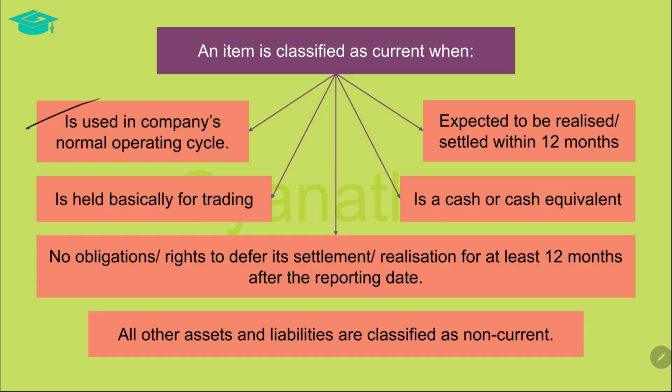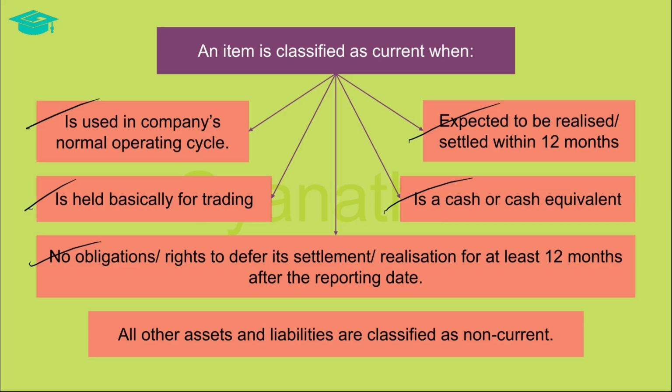If it is used in the company's normal operating cycle, like certain inventories, or is basically held by the company for trading, like current investments and inventories, or is expected to be realized or settled within 12 months, like trade payables or receivables, or is a cash or cash equivalent, and carries no obligations or rights to defer its settlement or realization for at least 12 months after the reporting date, like short term borrowings and short term loans and advances. Barring this, all other assets and liabilities get categorized as non current.